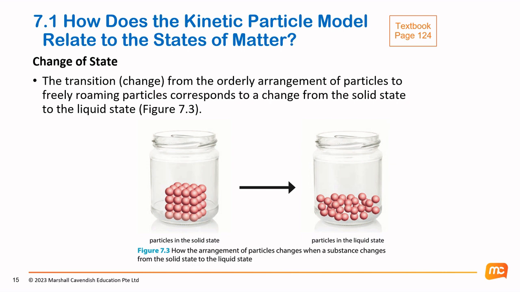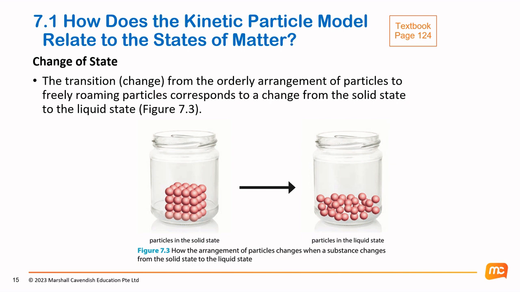So you can see over here, this is a representation of the change of state from a solid substance to a liquid substance. On the left over here, you see that in the solid state, my particles are arranged very regularly, very neatly in this pattern. Of course, this is not going to be every single solid substance. They are going to be arranged in this cube kind of arrangement. This is just a simple representation.